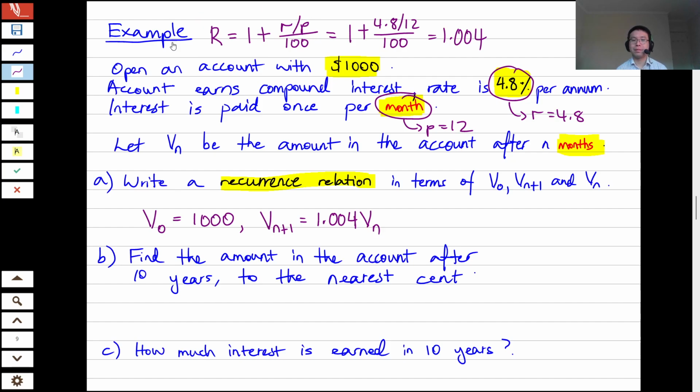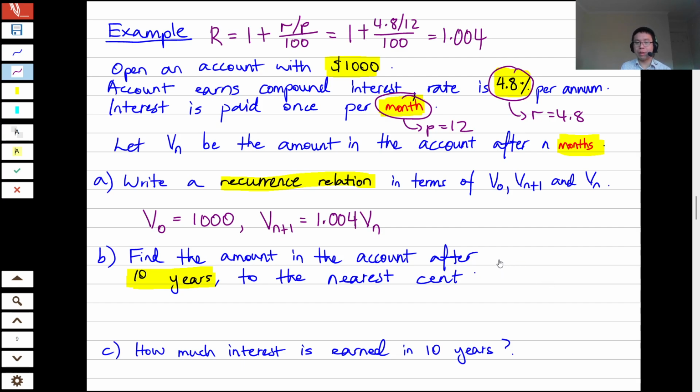Okay, part B. Find the amount in the account after 10 years. Now, there is a trap here. The trap is, if you're inexperienced, you're probably going to try to find V10. Now, the problem with doing that is V10 is now the amount in the account after 10 months, not 10 years.